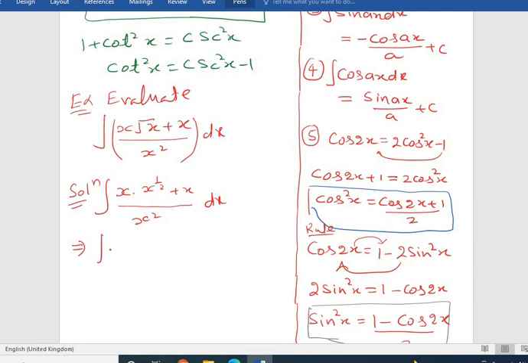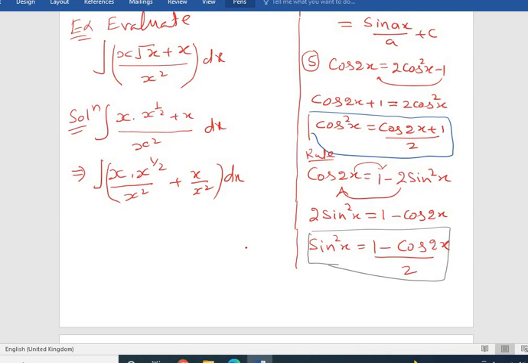Now we can write the integral as x into x to the power half divided by x squared, plus x divided by x squared, dx. Now if you try to cancel, yes, we can cancel.